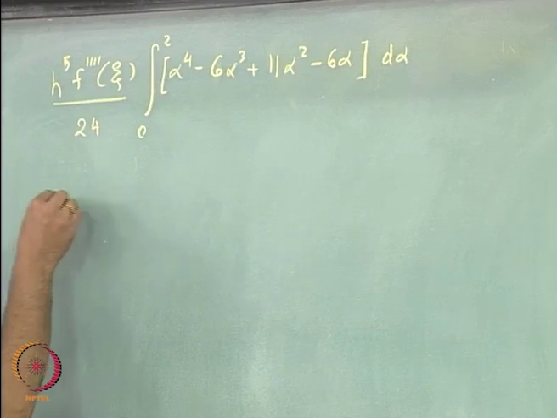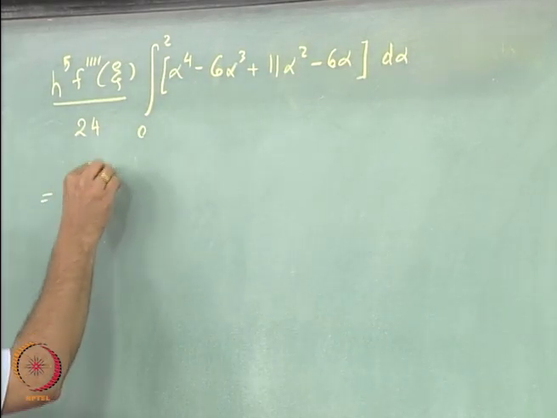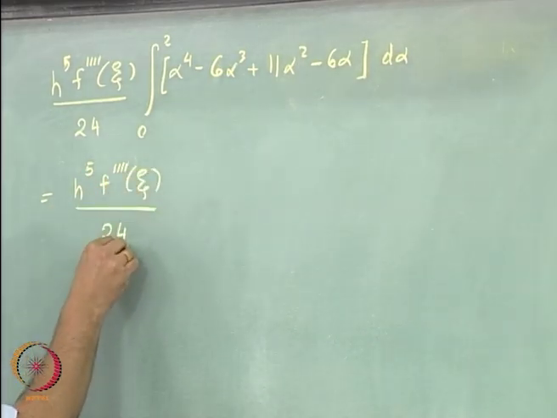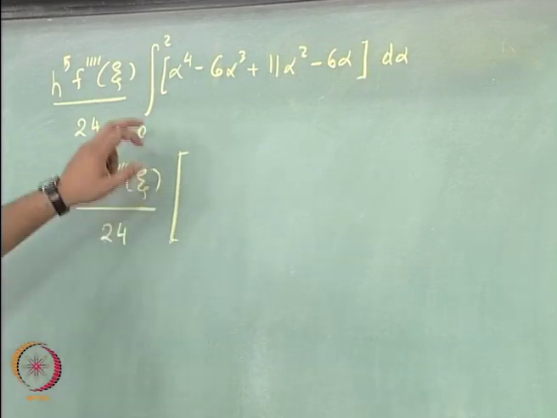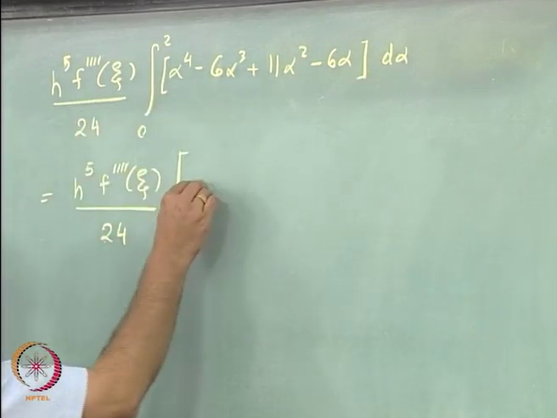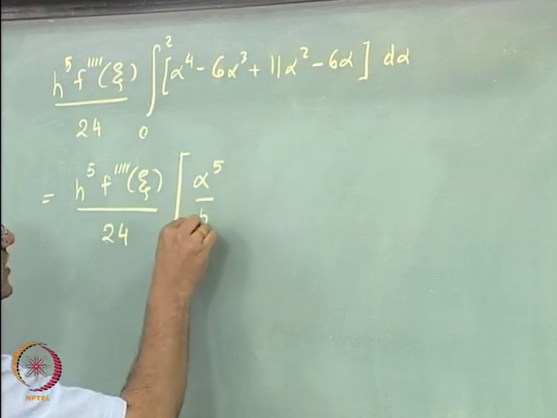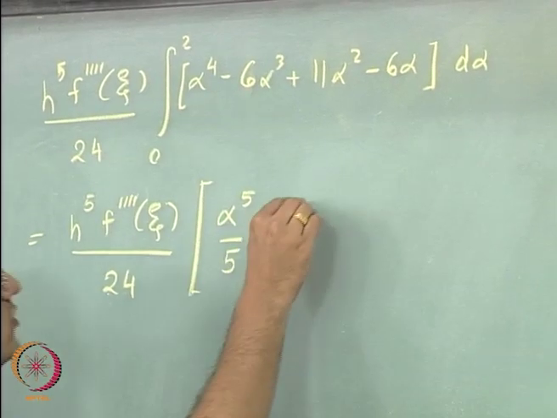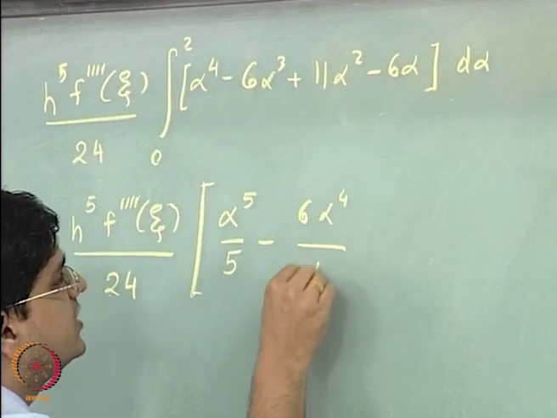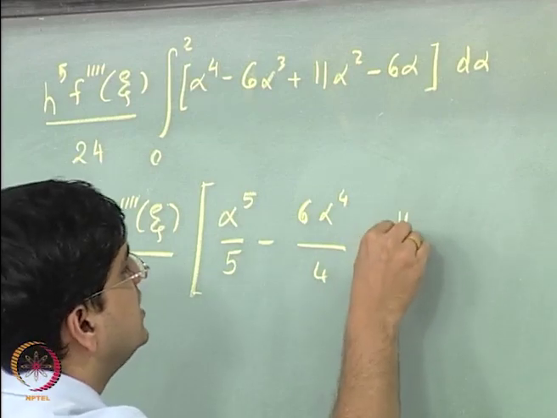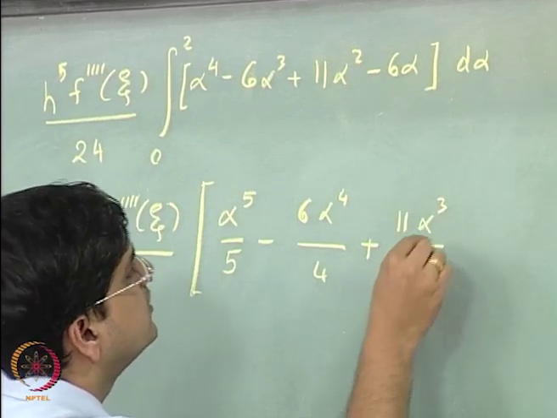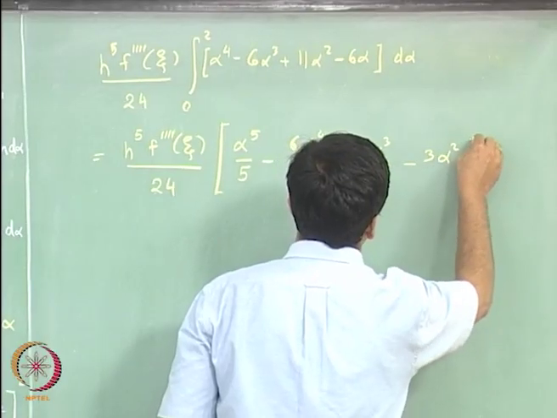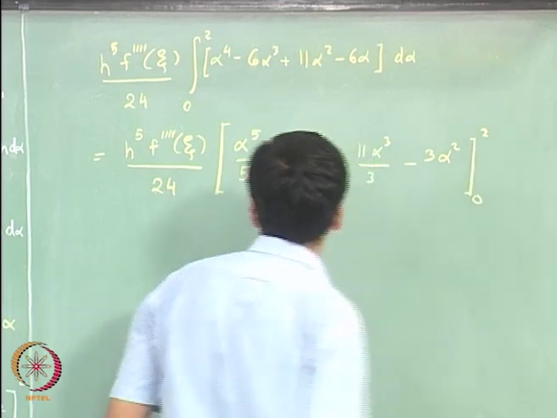Okay, which is going to be equal to h to the power 5 by 24 times alpha to the power 5 divided by 5 minus 6 alpha to the power 4 divided by 4 plus 11 alpha cubed by 3 minus 3 alpha squared, from 0 to 2.